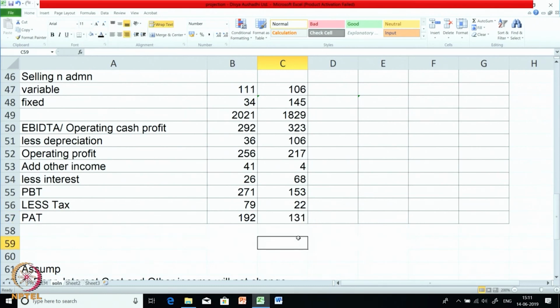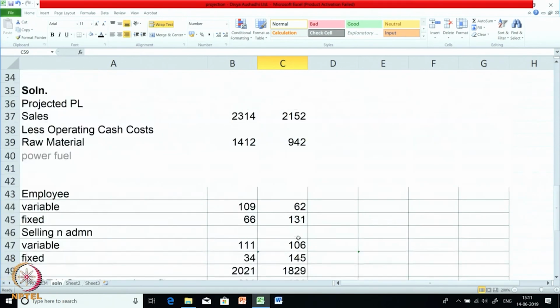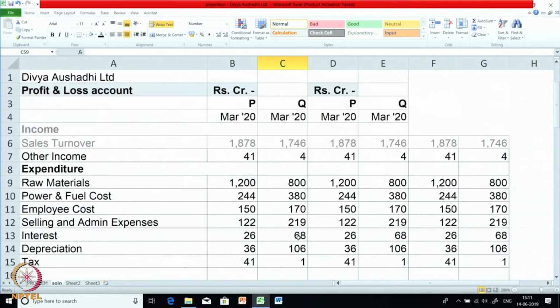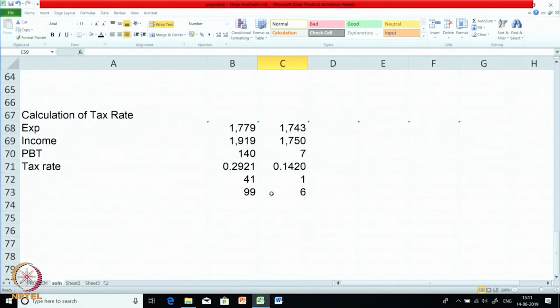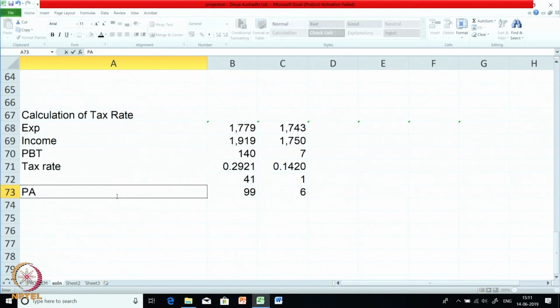So which company has shown more improvement? Q has shown substantial improvement. See, last year Q's profit was just 6. For clarity I will just write this down. Are you getting it?